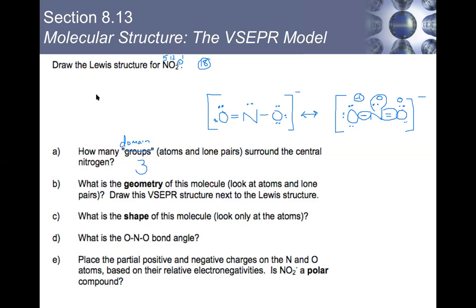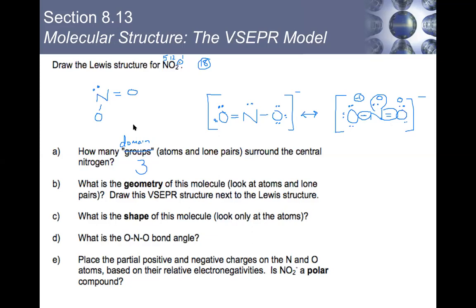As a result, what is the molecular geometry of this one? So again, we're looking at it. We have N, we have a double bond O, we have a single bond O, and then we have a lone pair here. This is a hard one.